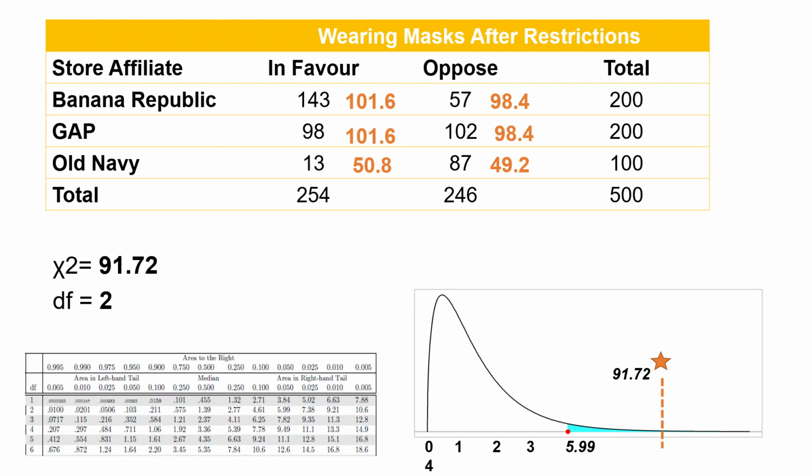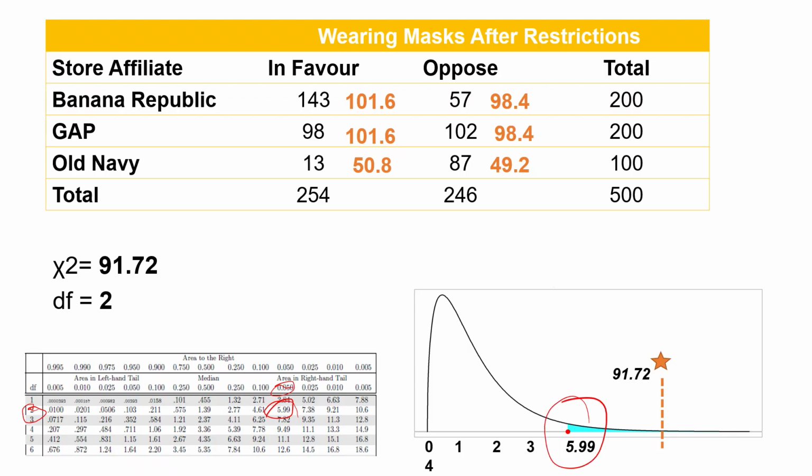Let's make a decision using our critical value approach. Look in your table for your df of 2, and we're going to intersect that with the 0.05 that we have decided on. I'm just looking for it here in the table. There it is. And when we intersect those, we get 5.99.